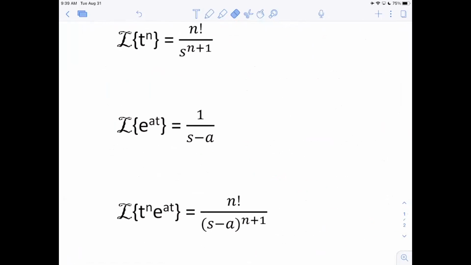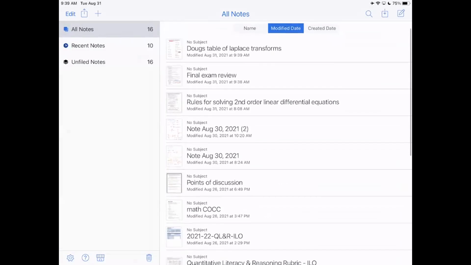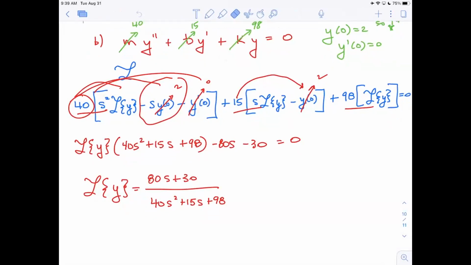That's what I'd really like to happen, so that I could get it to look like a couple of these. In other words, just as an example, there's a 40 and a 98. Like it'd be really awesome if I could factor this to like 20s and 2s, and then 98 is like 49 times 2. If it factored to that, does it make sense?